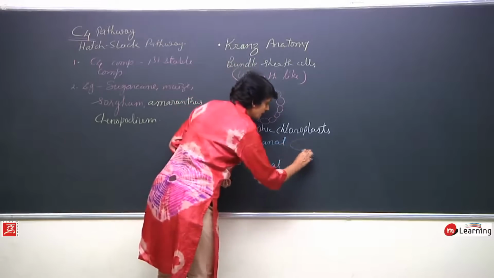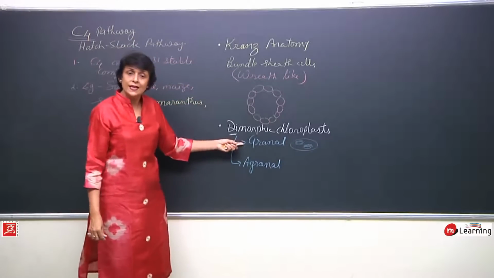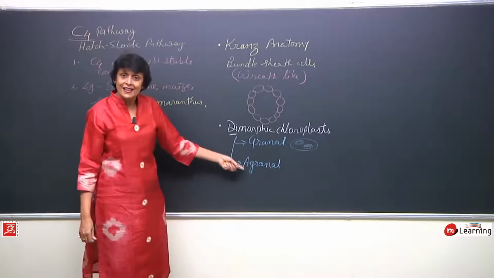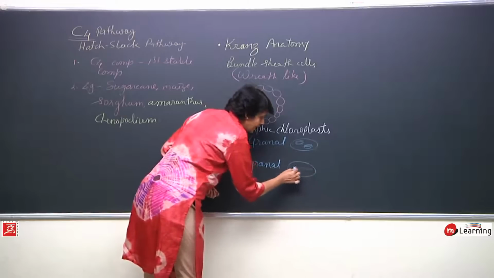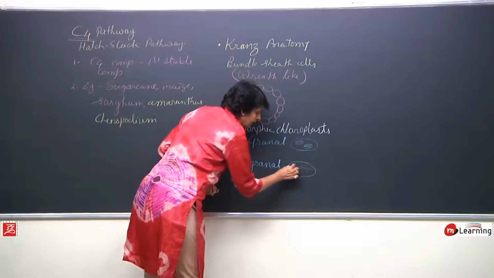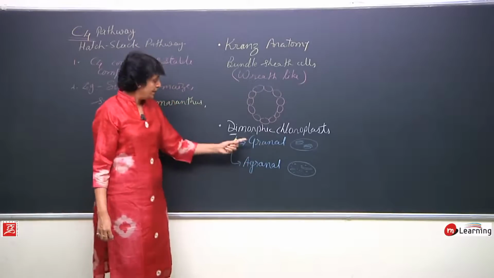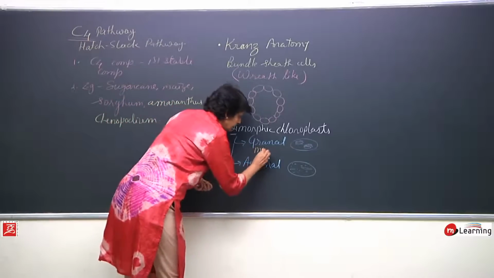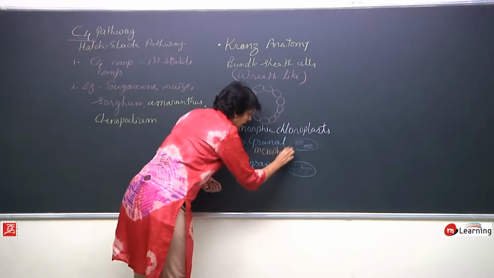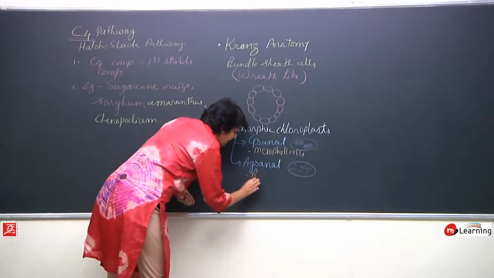Grana are the stacks of thylakoids present in chloroplasts. If grana are present, the chloroplast is termed granal, and if grana are absent, then the chloroplast has only some stroma lamellae and all other enzymes and everything in the stroma part. Granal chloroplasts are present in mesophyll cells, whereas agranal chloroplasts are present in bundle sheath cells.